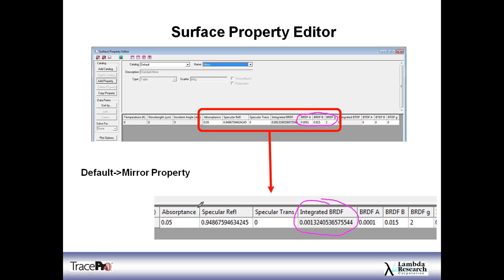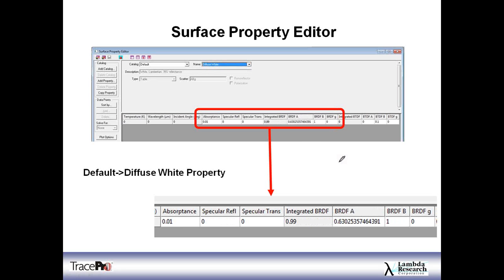So this mirror property has 5% absorption, just a hair under 95% specular reflection, and about 0.13% scattered reflection. So very close, not quite a perfect mirror, but very close to it. A perfect mirror would have 0 absorption, 100% specular reflection, 0 transmission, and BRDF would be 0 for transmitted and reflected.